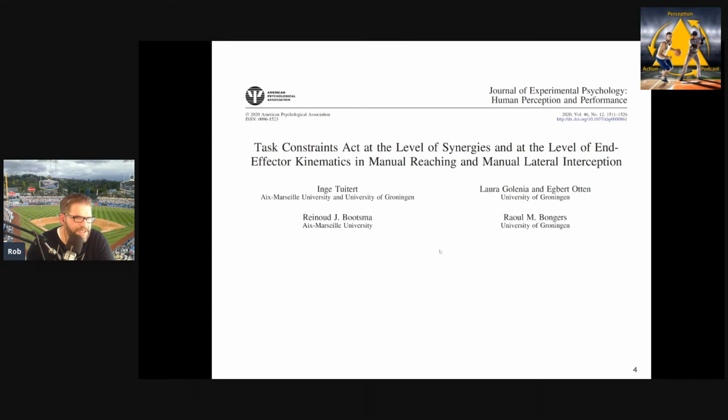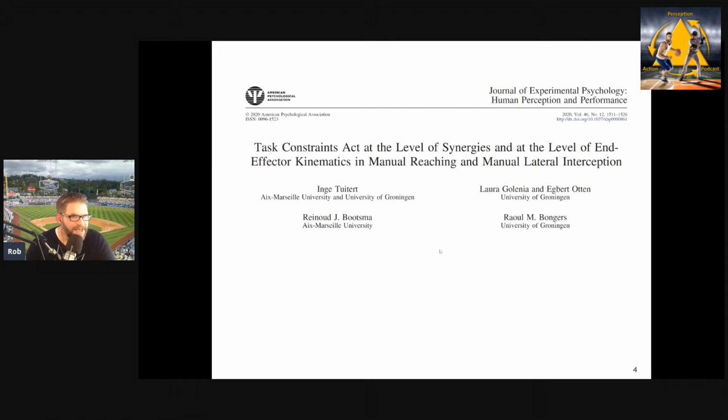This is a really good example for me of when, in saying that, I didn't mean to say that those aren't valuable, right? Those have limitations in extending them to real world complex skills, but they can be very valuable in understanding motor control if they're used in the right way.